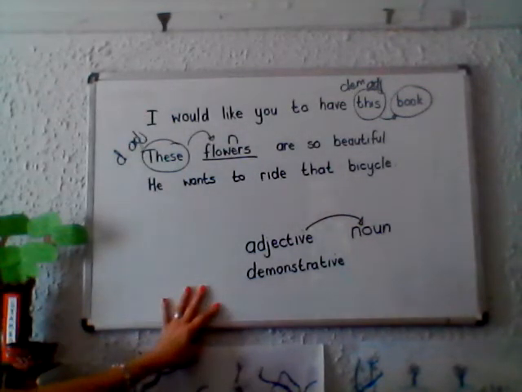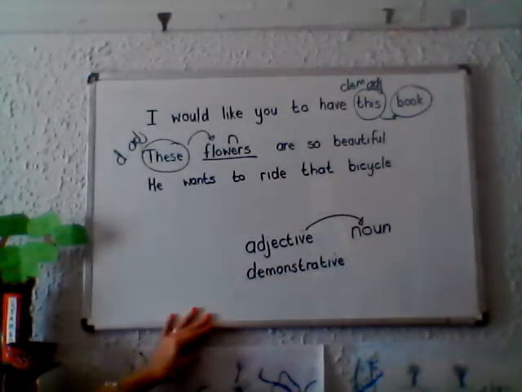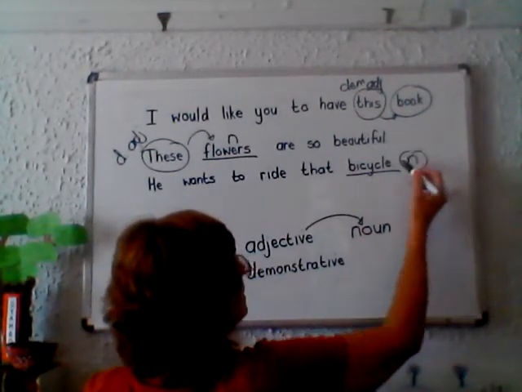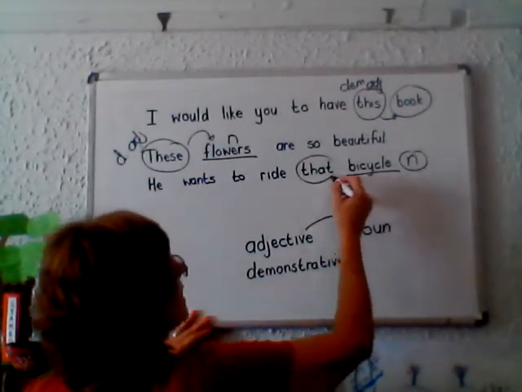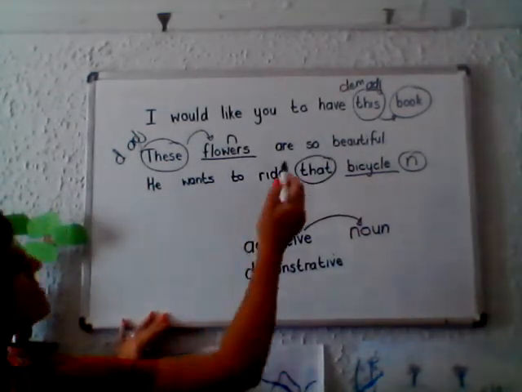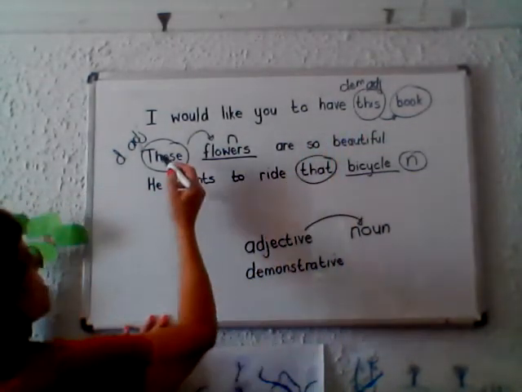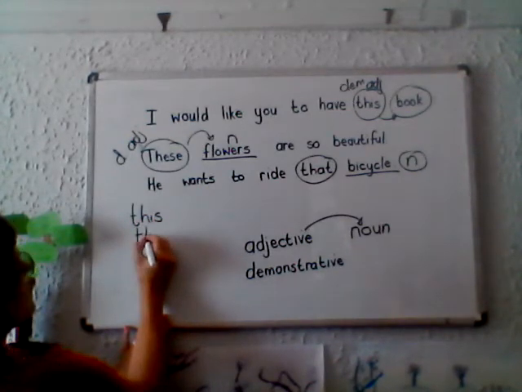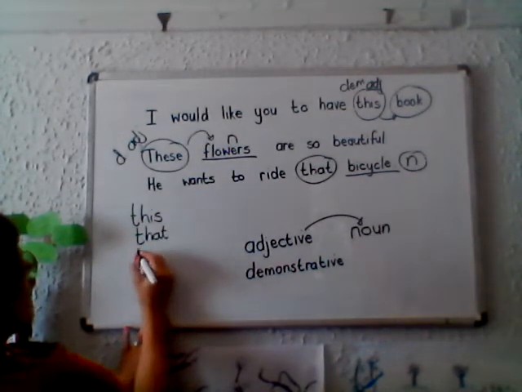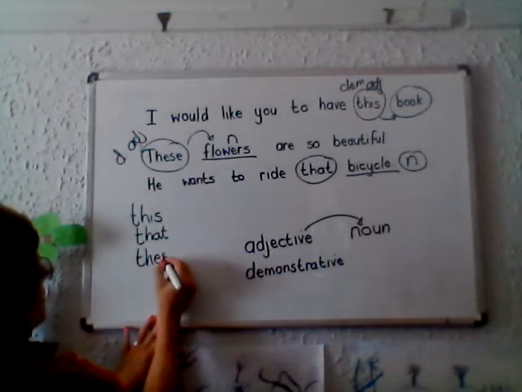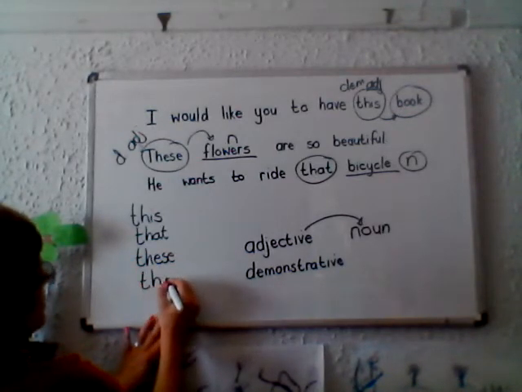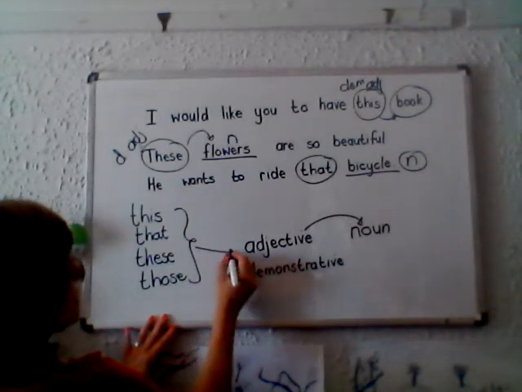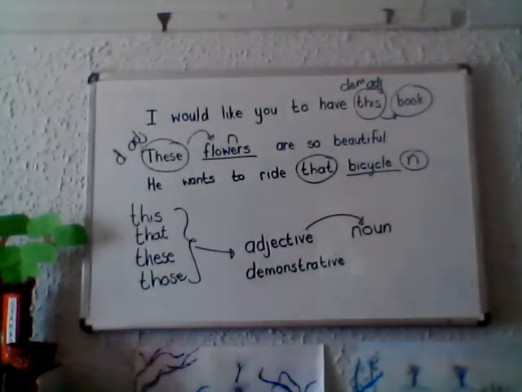He wants to ride that bicycle. Right, now you already know. Bicycle is your noun. And what describes your noun? That. So these words, this and that and these and those, they are demonstrative adjectives. Okay.